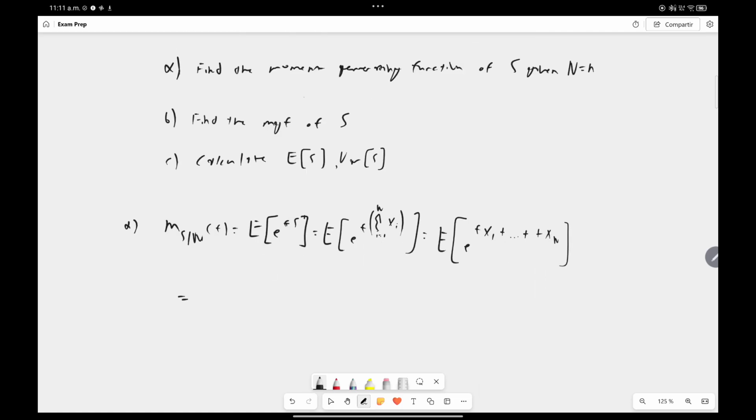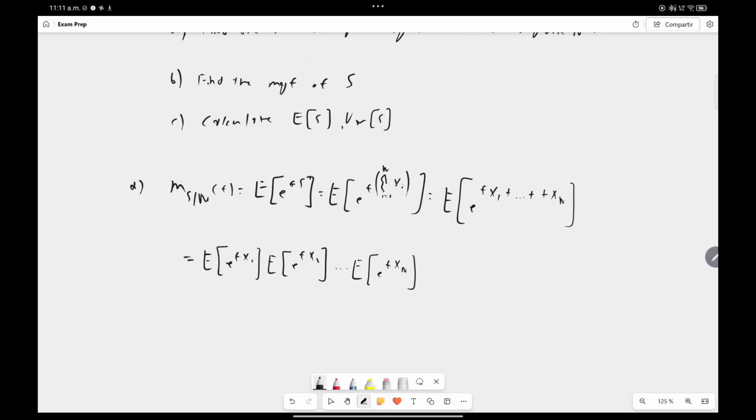I'm doing some more algebra here. You can write this all the way out, and I'm going to do that. And you get the expectation of e to the tX1 times e to the tX2 dot dot dot e to the tXn.